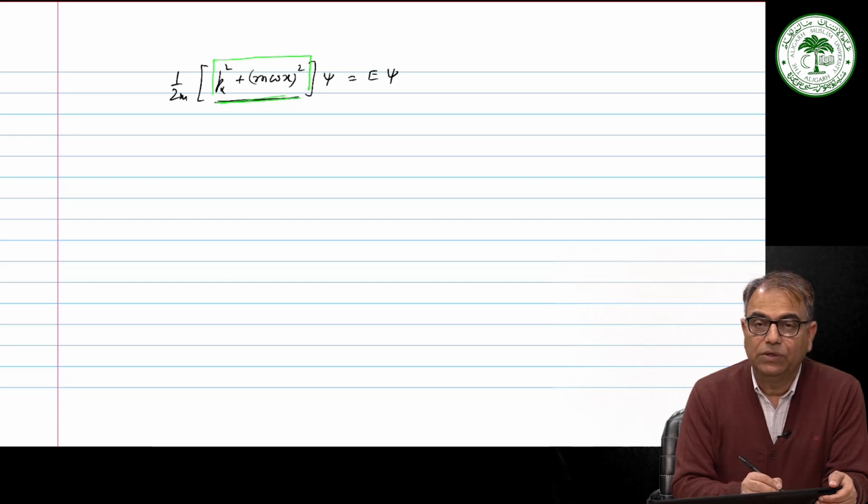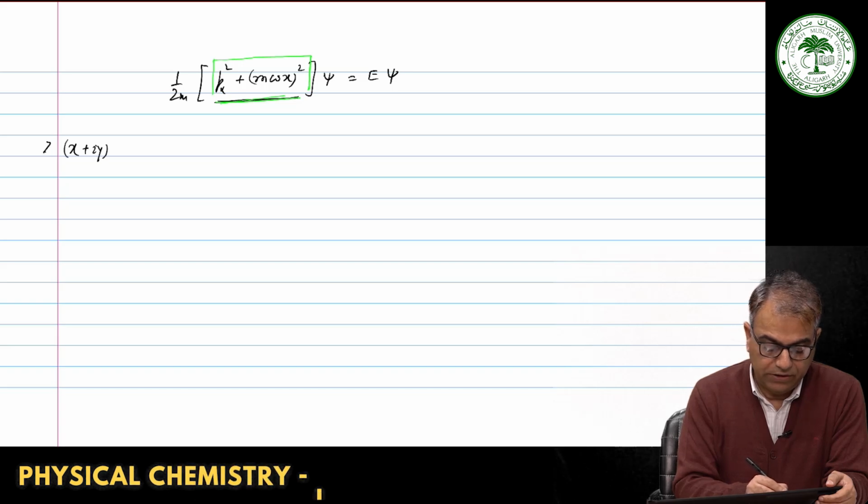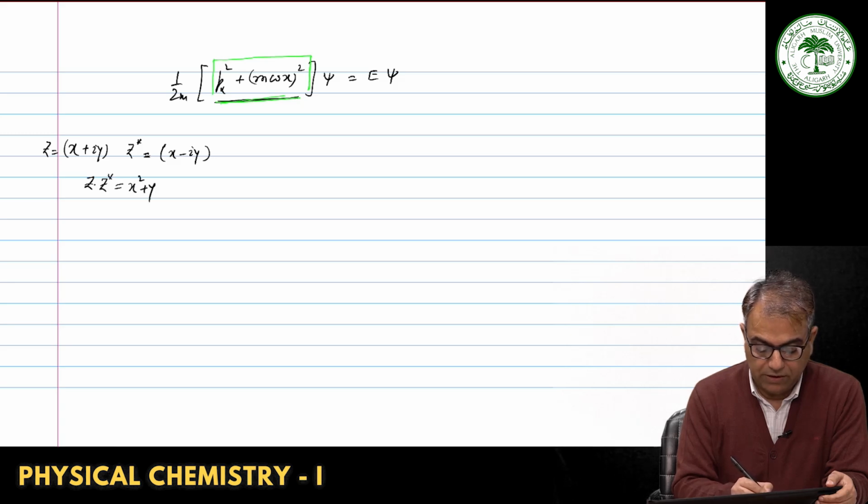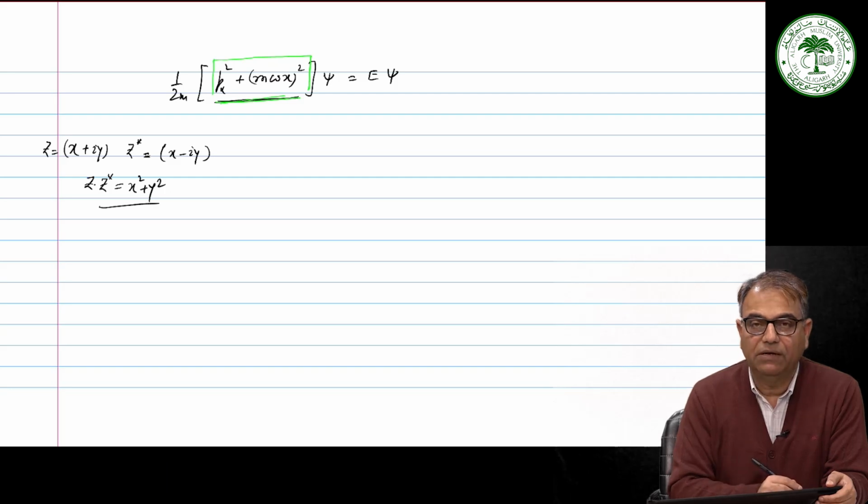I told you that if you have x plus iy for z, then the complex conjugate you can write as x minus iy, so that z into z star becomes equal to x square plus y square. Can we do the same thing here? Can we factorize? Let us do it and see what we get.